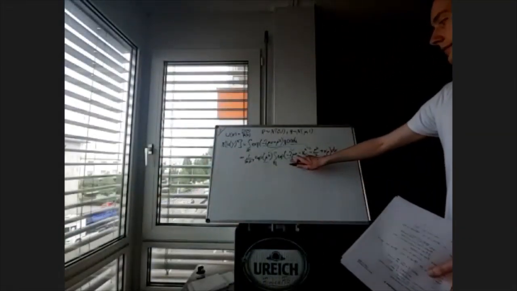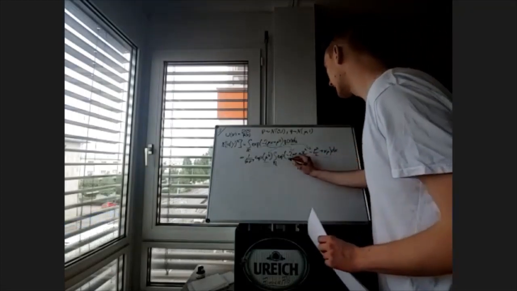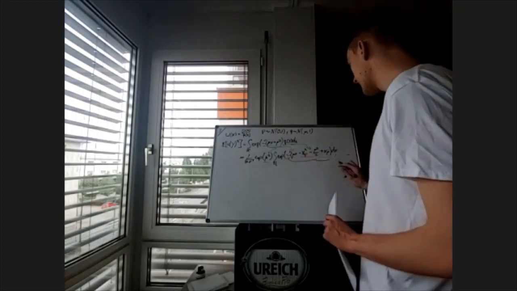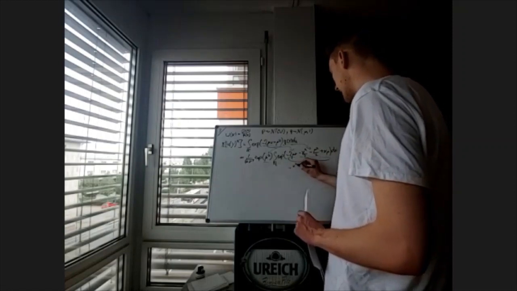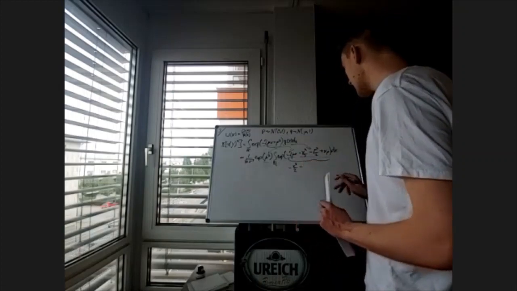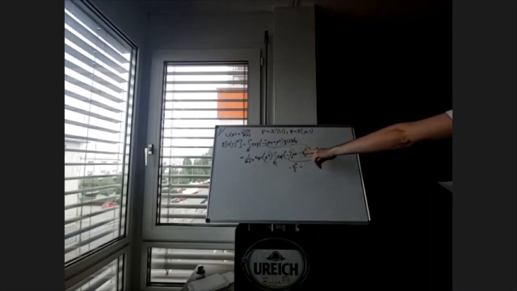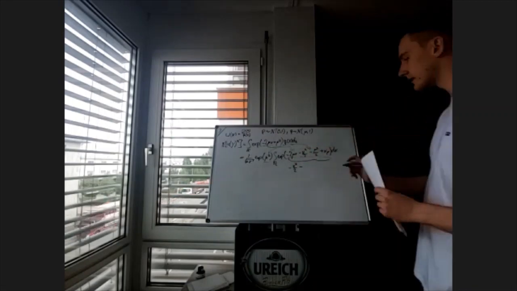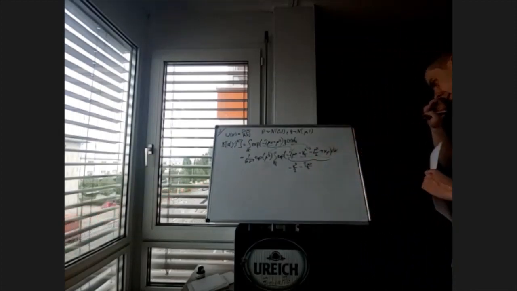Okay. As you can see, this and this look similar. So let's just look at this one here. This is minus x to the power of 2 over 2 minus, well, it's 2 mu x minus 2 mu x plus mu x, so this is 2 mu x over 2.